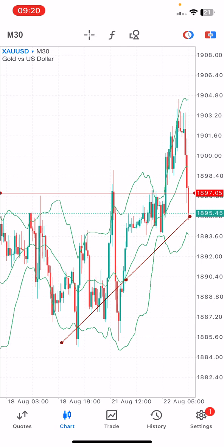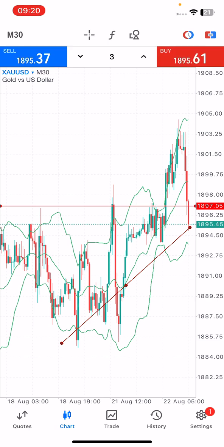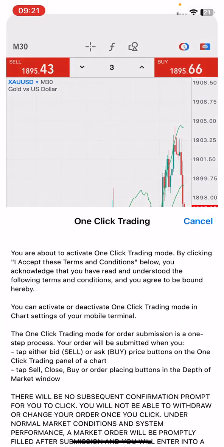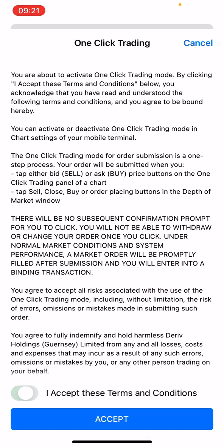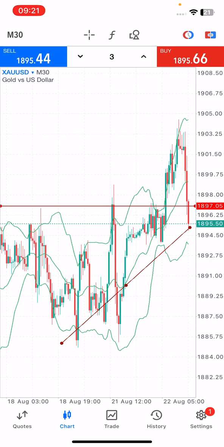This red and blue here is one-time trading. If you click on sell, automatically accept the terms and conditions, click on accept. If you click on sell, the market will open directly. If you click on buy, it will open directly.